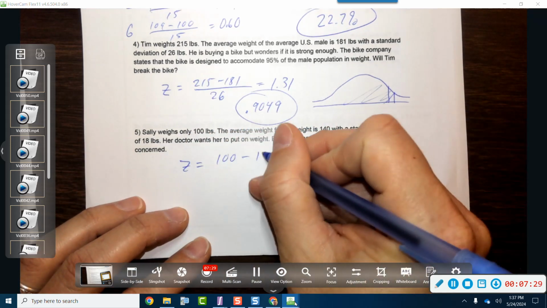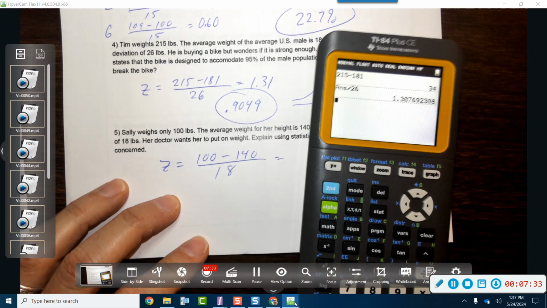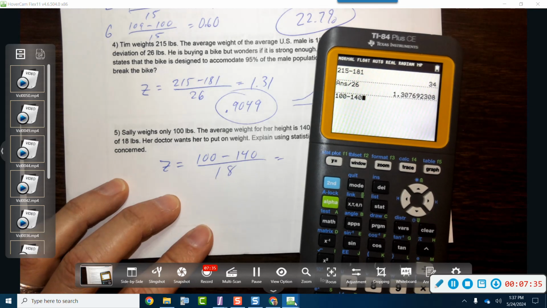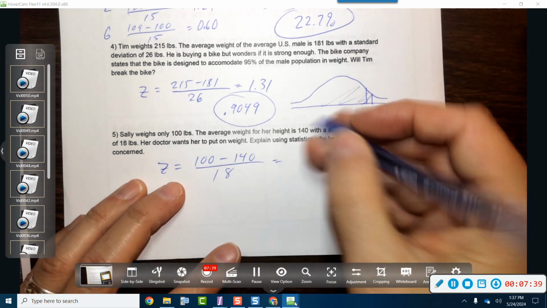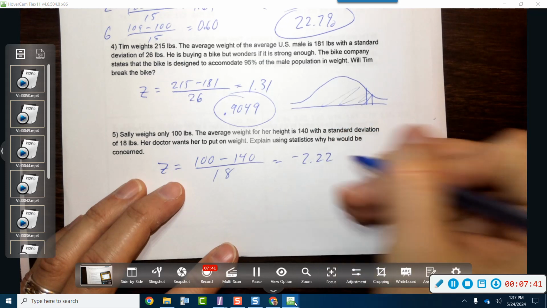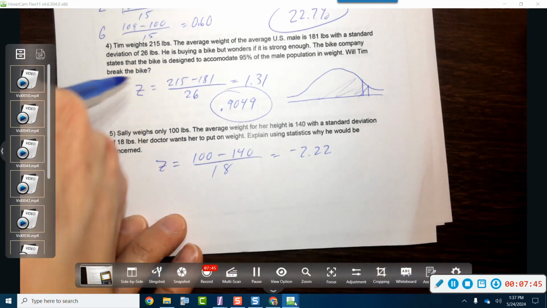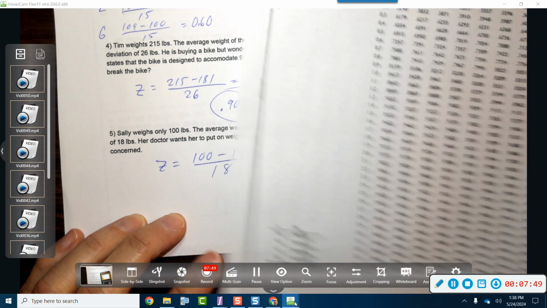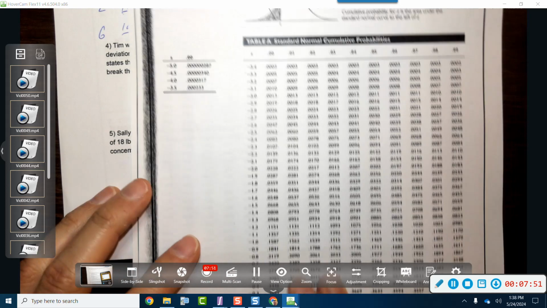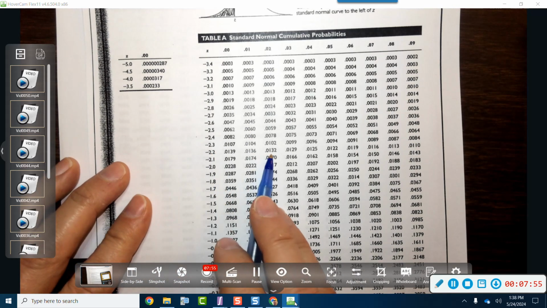100 minus 140, divided by 18. Let's get her Z-score. Negative 2.22. So she is way underweight. Let's see what percentage. Negative 2.22 is right here.